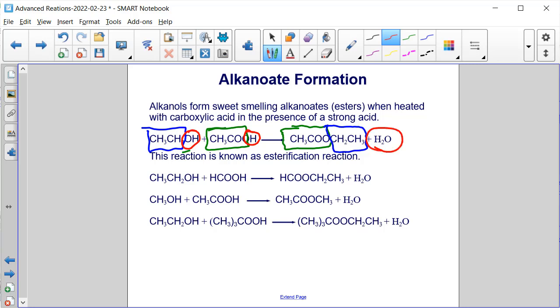Okay? So an alkanol and an alkanoic acid can combine to form what's called an alkanoate, or an ester. And they have a characteristic sweet smell to them.